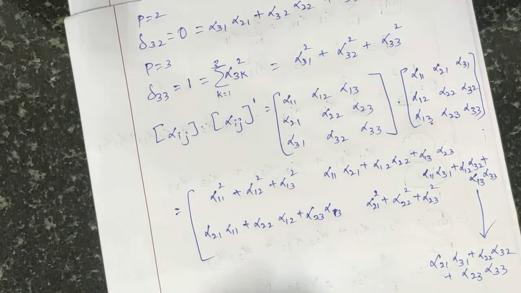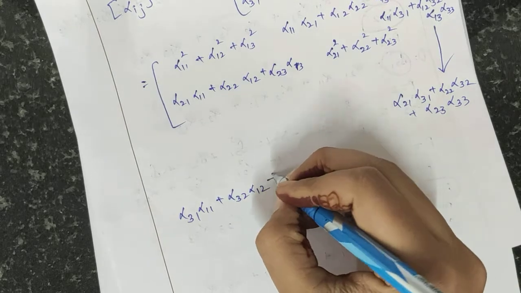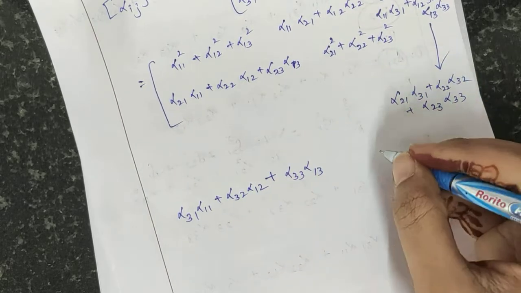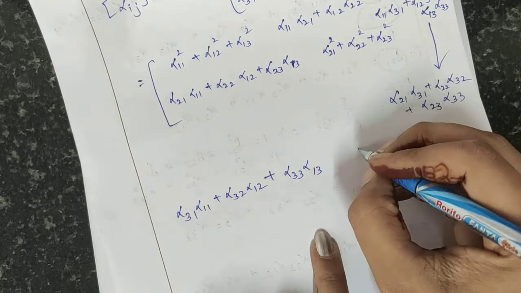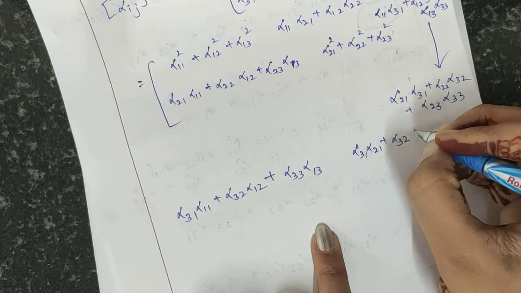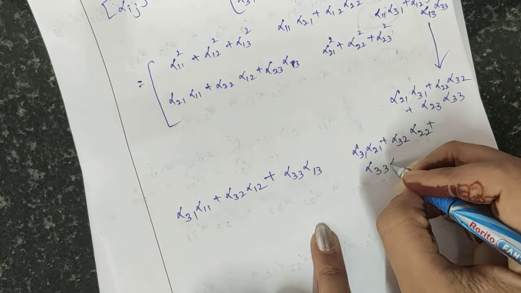Again the last row will be alpha 3 1 alpha 1 1 plus alpha 3 2 alpha 1 2 plus alpha 3 3 alpha 1 3. And the second column, third row, will be alpha 3 1 alpha 2 1 plus alpha 3 2 alpha 2 2 plus alpha 3 3 alpha 2 3.